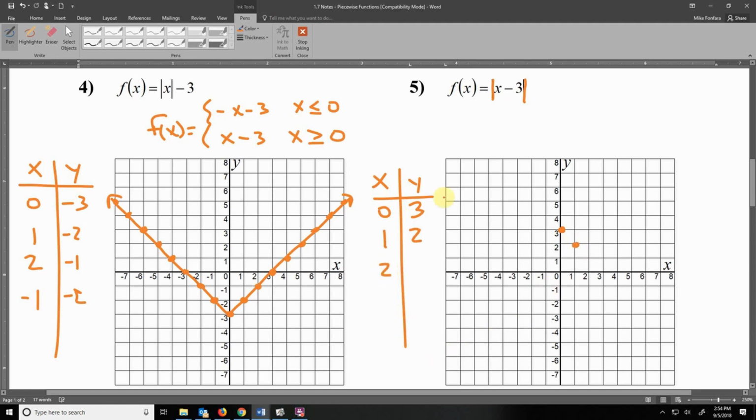If I put in a 2, minus 3 is negative 1, absolute value is 1. If I put in a 3, I get the absolute value of 0, which is 0. If I put in a 4, minus 3 is 1. The absolute value of 1 is 1. And now it has changed directions, and I've got the V shape that I'm looking for.